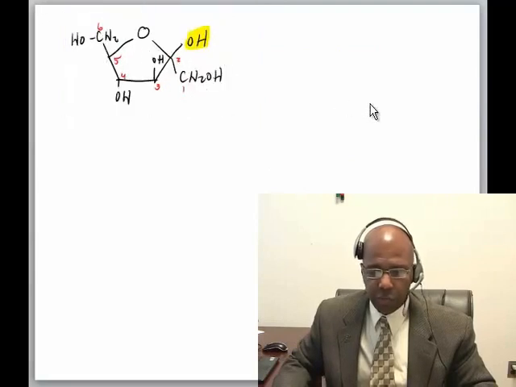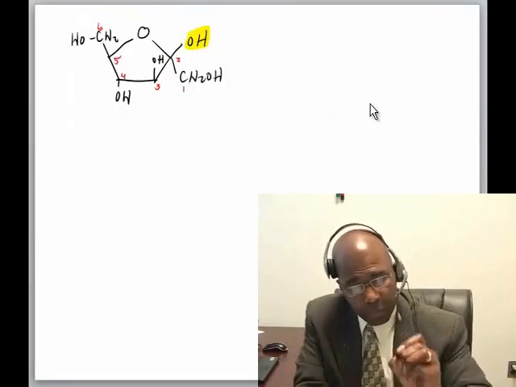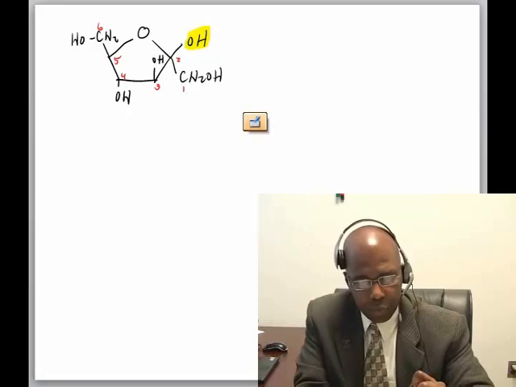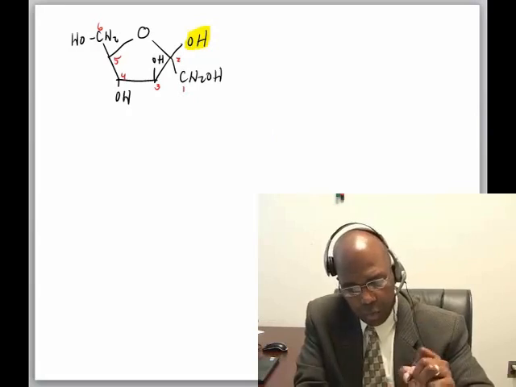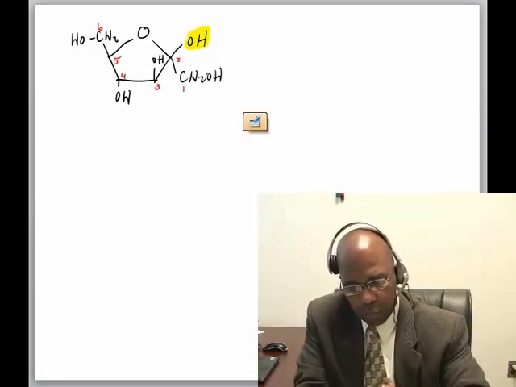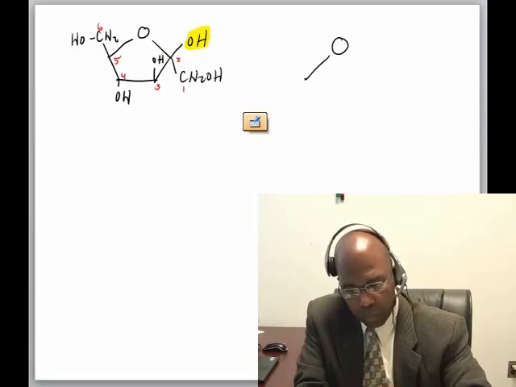Now I'm going to redraw fructose, but I'm going to flip it over. And so you just have to invert all of your ring substitutions. So this is going to be O, that's 2, make it 3, 4, 5.